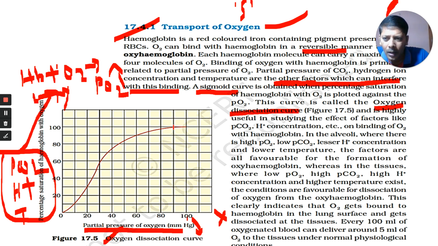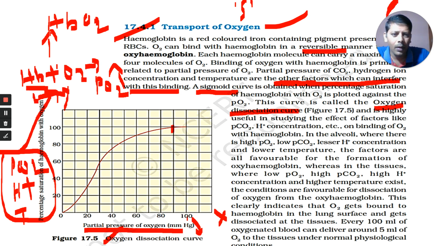oxyhemoglobin. What is meant by oxyhemoglobin? Hemoglobin binds with oxygen and forms HbO2. This is called oxyhemoglobin. In the alveoli in our lungs, the partial pressure of oxygen is very high, 100 here.